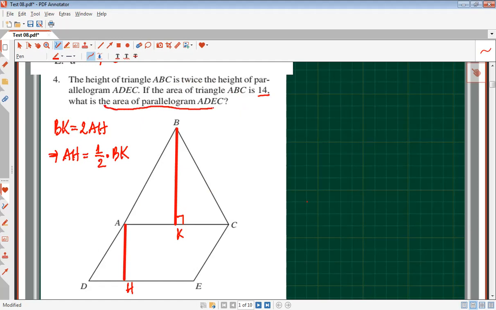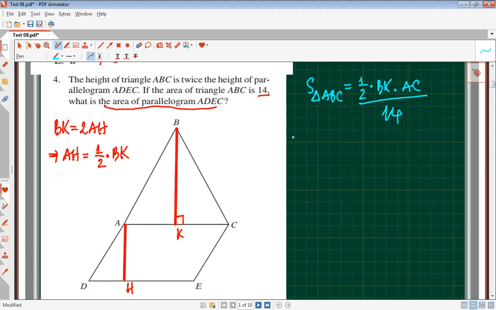So we need to calculate the area of triangle ABC and the area of parallelogram ADEC and compare them. It is clear that the area of triangle ABC equals 1/2 times BK times AC. And remember that this area is 14.